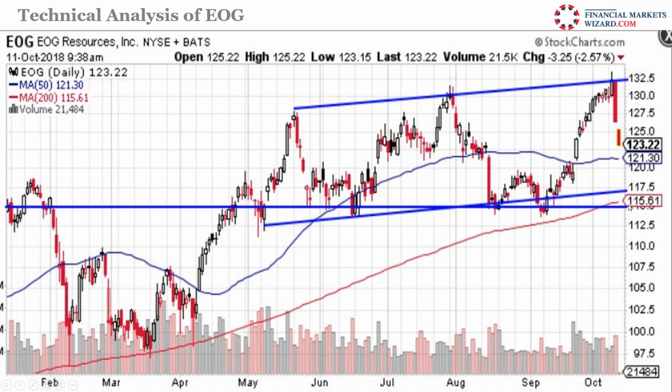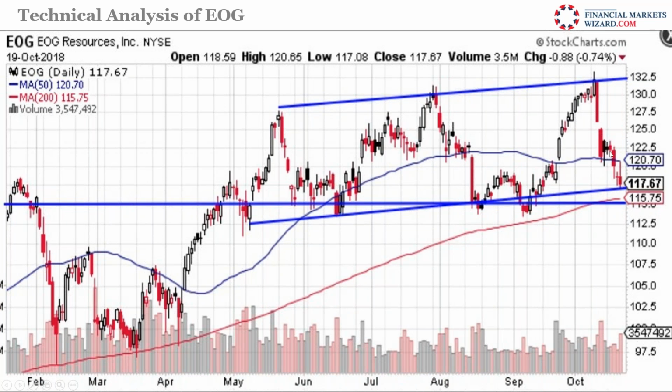It can come down between 117 and 115. So what are the odds? Go short. This is what happened to EOG. It tried to hold the 50-day moving average. This is just a moving average, nothing more, nothing less. And it crashed to 117. So as visualized, the trade was triggered here, and it came down here.